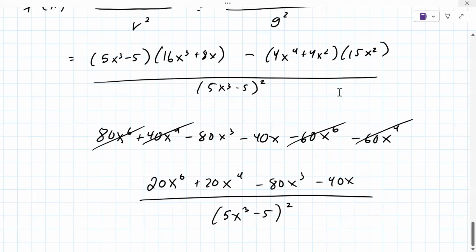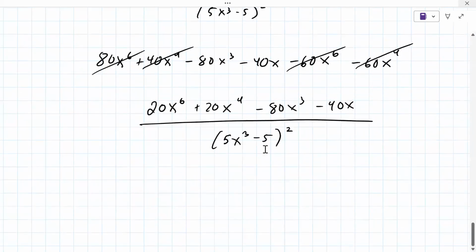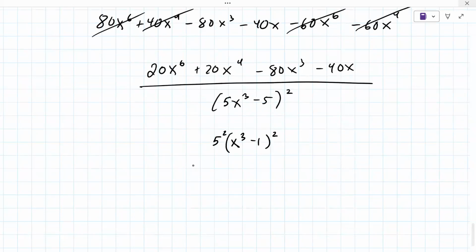And the question is, where do you stop? Because really this bottom, you can actually rewrite it this way: x cubed minus 1 times 5, squared, 25 squared is 25, and that can go in a bunch of these to simplify, or you take a 5 out of everything. That's where I feel like I'm doing you a little bit of disservice.